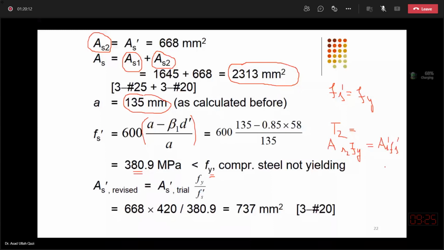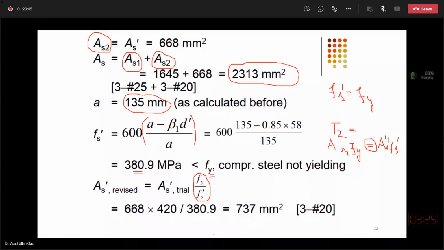How much will I increase? Intelligently, I will multiply that area of steel with this ratio. This ratio will help me enhance that much area, which will finally give me the force equal to T2. And T2, I told you, whatever you add on the tension side will start yielding, because earlier your calculated was rho equal to rho max.